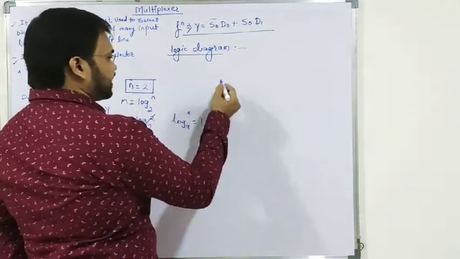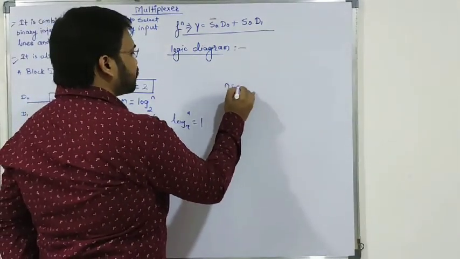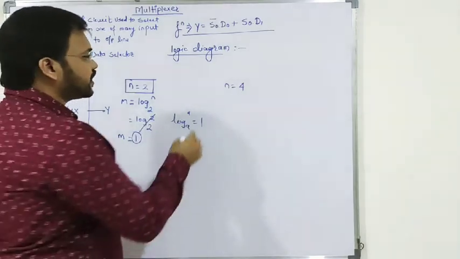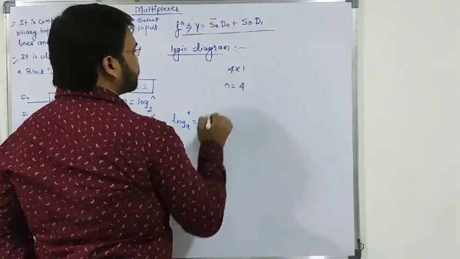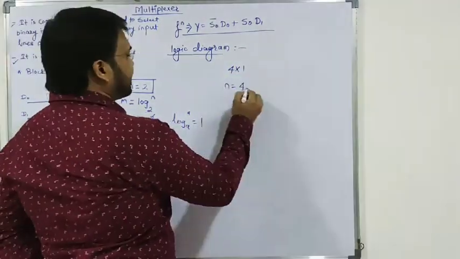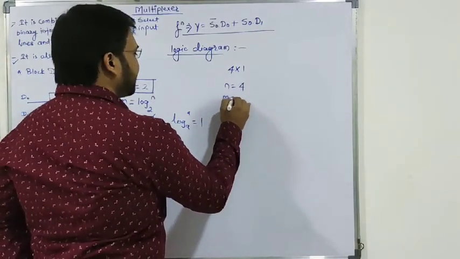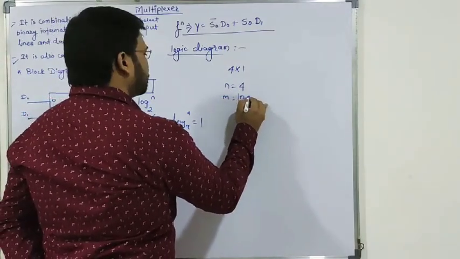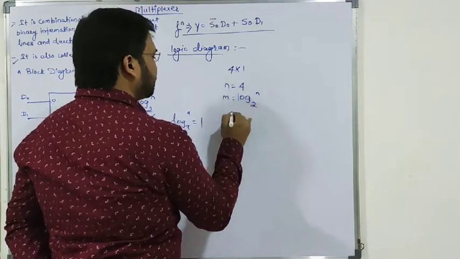4:1 multiplexer. If you take the example n is equal to 4, that is a 4:1 multiplexer, so again m is log to the base 2 of n.